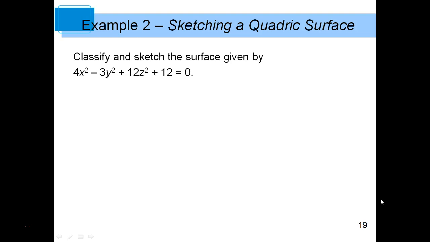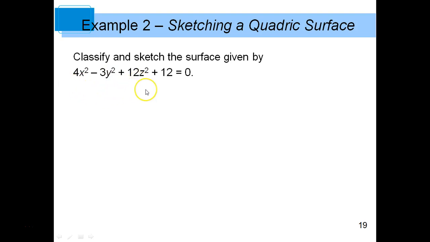When you're classifying these guys, when you're rewriting them in order to classify them, it will be a pretty familiar process from when you were in 2D. You may or may not have to group variables. You may or may not have to complete the square. But it's about organizing it so it will match one of those formulas, and then you can begin to recognize them. Now, you can also start to kind of, as a little bit of a cheat, look at the variables.